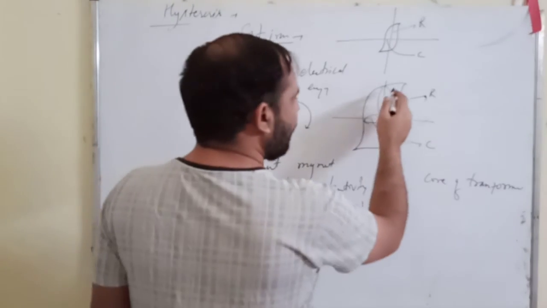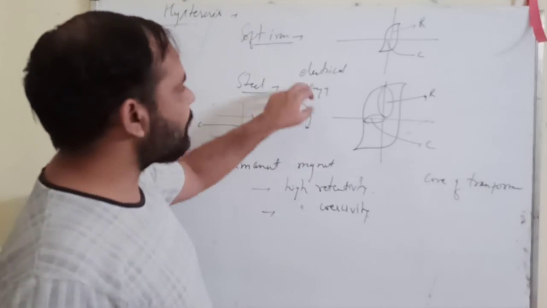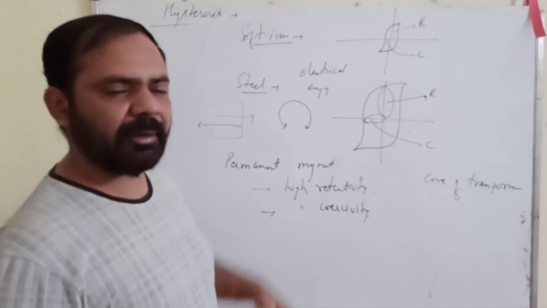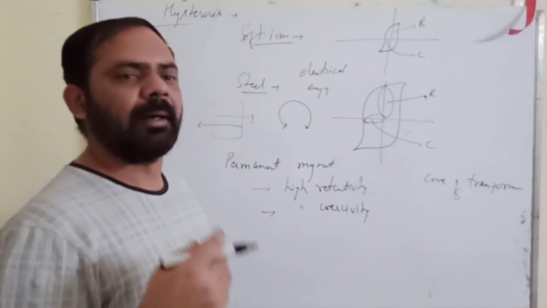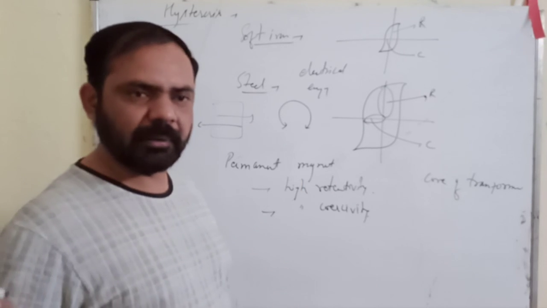Now, if the area of this loop is large, it will consume a large amount of electrical energy for its own functioning, and that is nothing but a wastage of energy, because we are not getting that energy for our use.